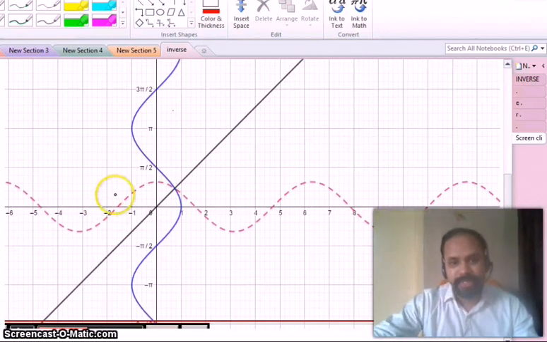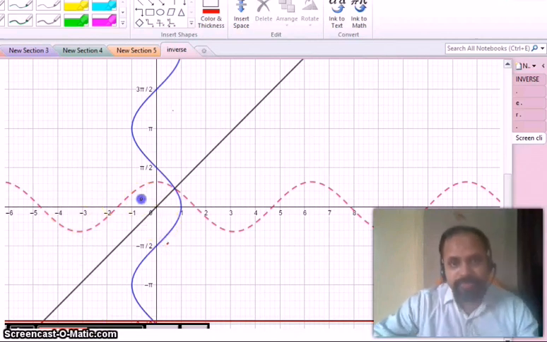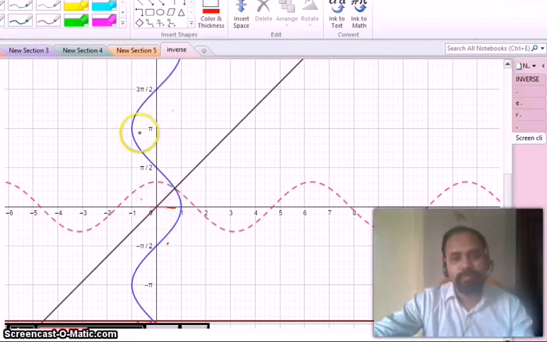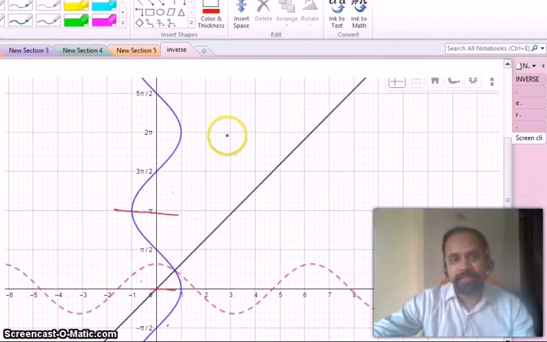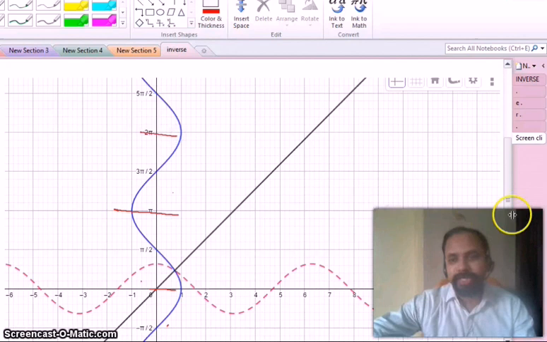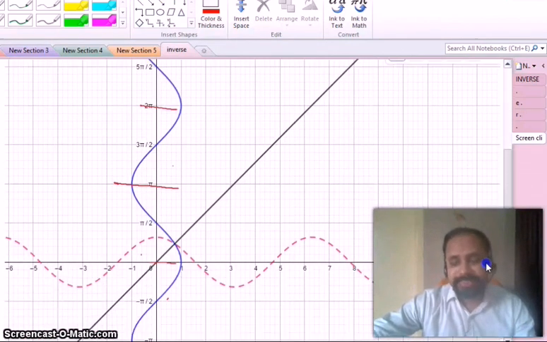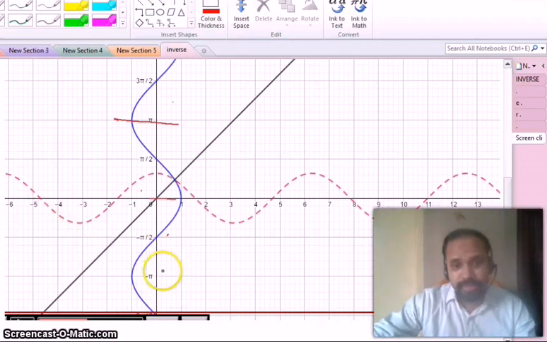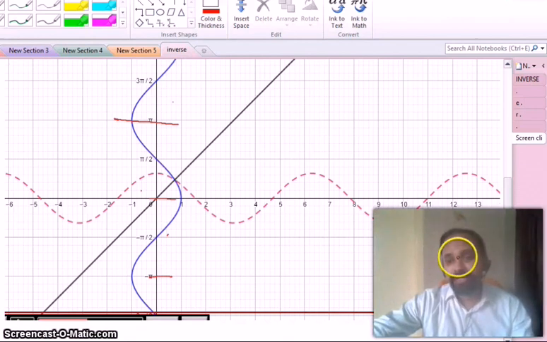Simply see, from 0 to pi, then pi to 2 pi, then 2 pi to 3 pi. In all the intervals, this graph is one-one onto. That means we can say that this is invertible. From this side also, from 0 to minus pi, in these intervals these graphs are invertible.